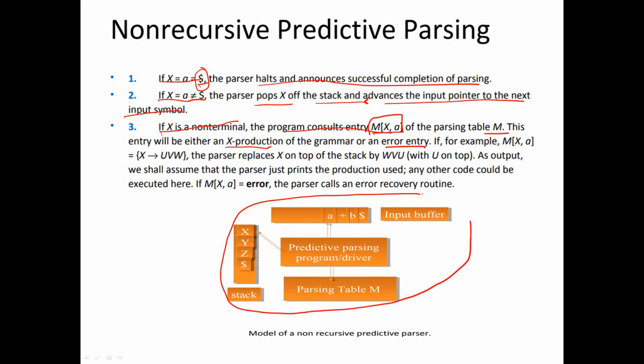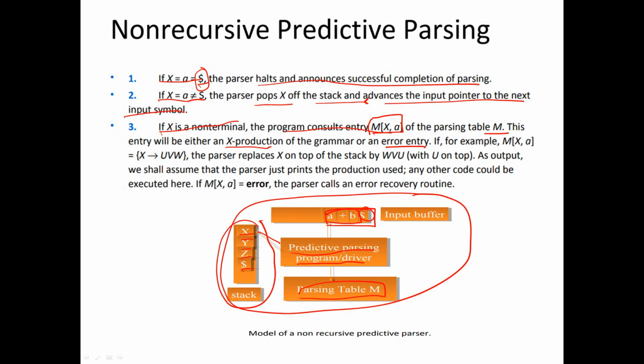When I process, first I take X. Here the input is the expression a plus b ending with dollar. For predictive parsing I apply the program or driver and check the parsing table entry M. Here I take X, Y, Z, dollar on the stack.